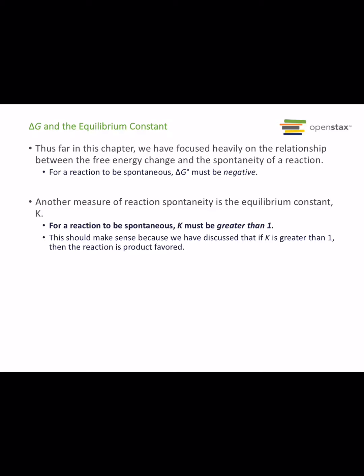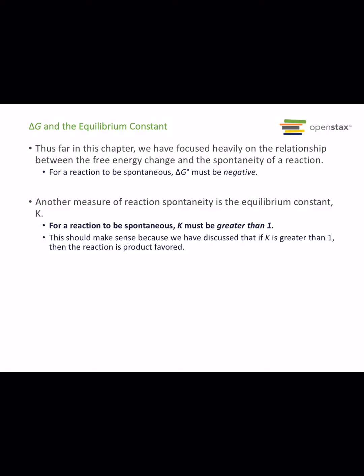So we focus heavily on the relationship between free energy change and the spontaneity of a reaction. We know that in order for a reaction to be spontaneous, the sign for delta G must be negative. But we also know that for a reaction to be spontaneous, K has to be greater than 1, because spontaneous means that the reaction is moving toward product. And so what does that mean in terms of K?